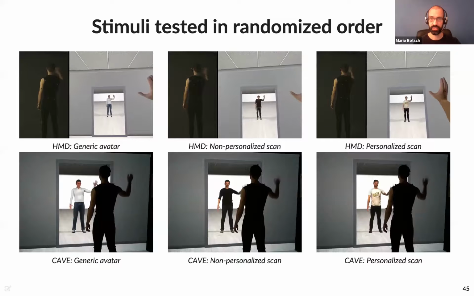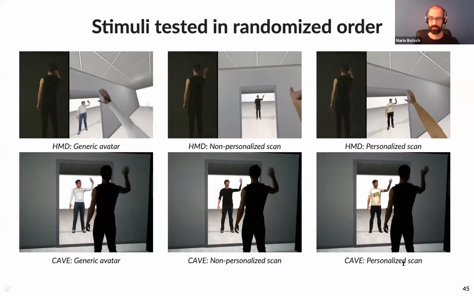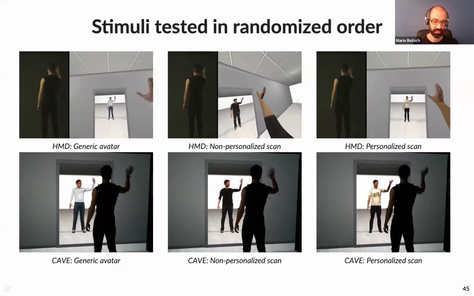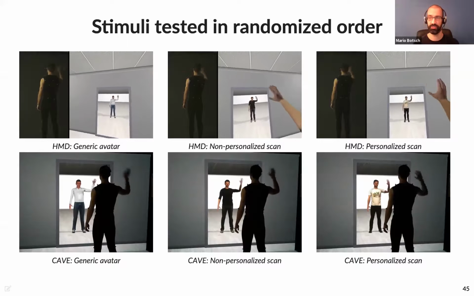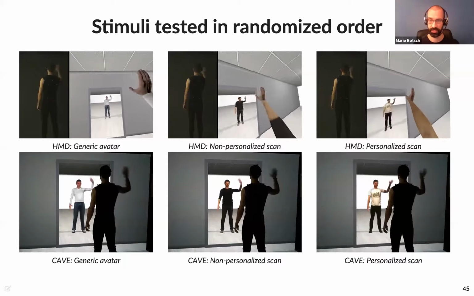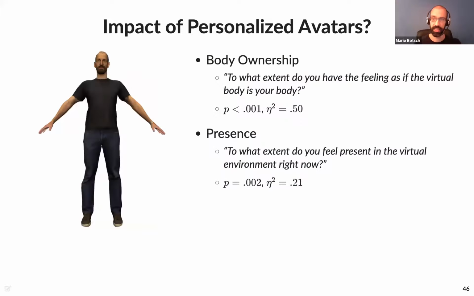Now, those 6 conditions we tested in randomized order, as you do for proper user studies, and then ran the whole battery of statistical evaluation. I will not go too much into detail about this because this is probably the wrong audience.